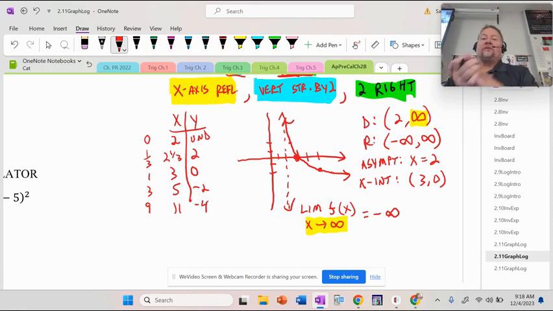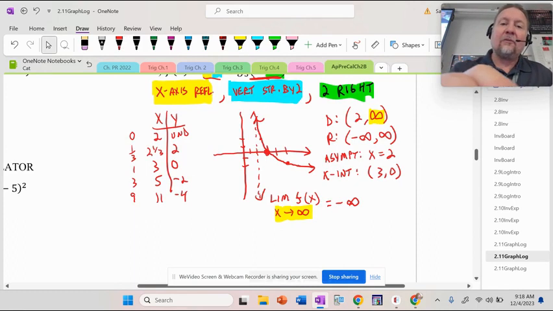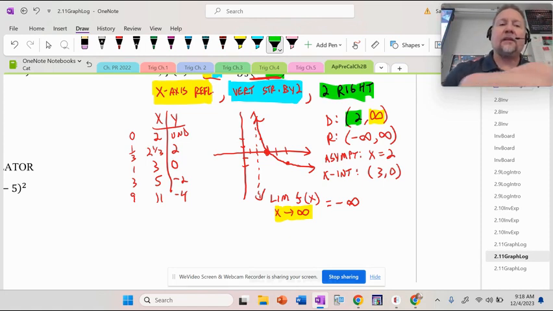All right. But then the other one is it really has to do with this. The domain stops at 2. So that's where the graph does something unique as well. So we have had this before. This is not new. So how do I approach that asymptote? I approach it from the right.